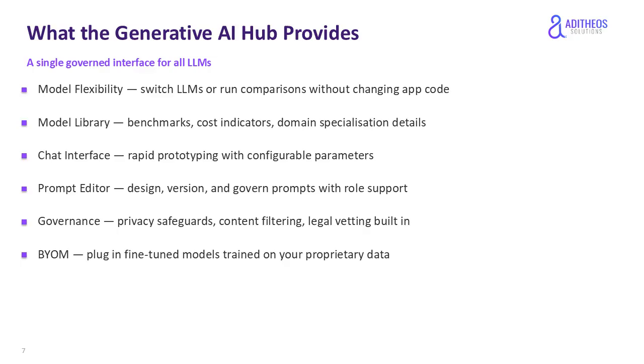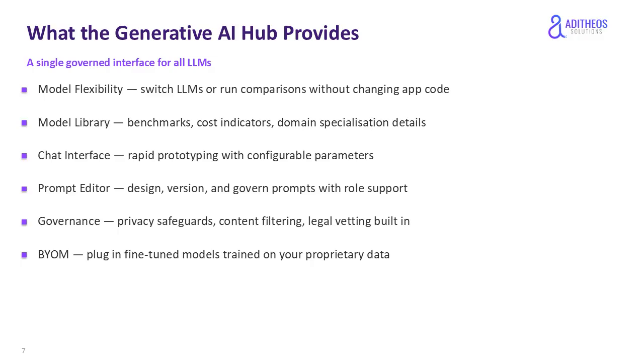Model library. A searchable catalog of available models with performance benchmarks, cost indicators, and domain specialization details. Chart mode lets you visually compare models on any 2 parameters. Leaderboard mode shows ranked scores across benchmarks. Chat interface. A conversational environment for interactive testing and rapid prototyping with configurable model parameters and session context management.